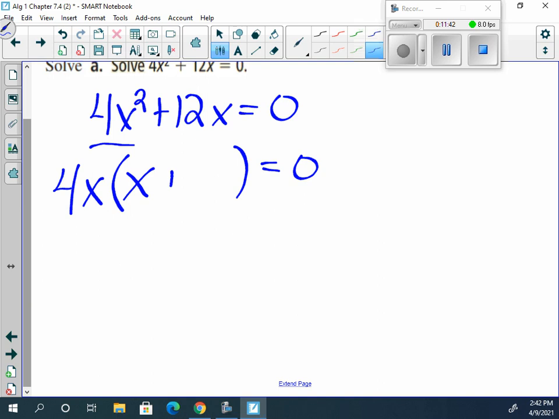Plus 12 divided by 4 is 3, and x divided by x is 1, so it's gone, so we just have 3. Any questions on this here?